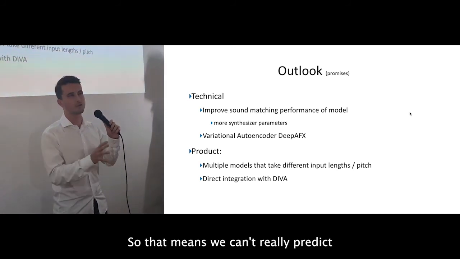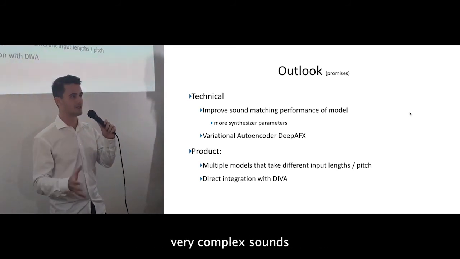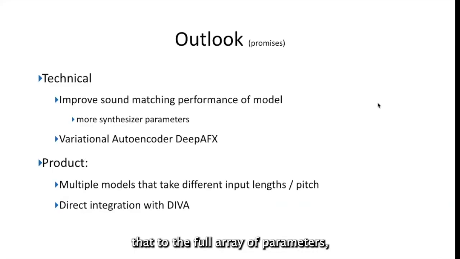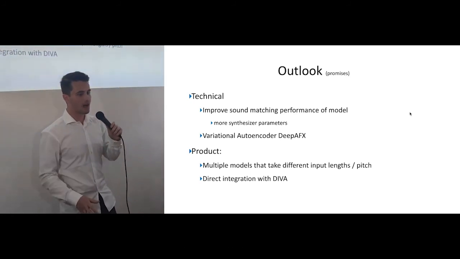So that means we can't really predict very complex sounds or anything like that, really. So we hope to improve that to the full array of parameters, which is about 281, I think. And secondly, the model also prefers some parameters to others. So we want to kind of even that out a little bit as well.